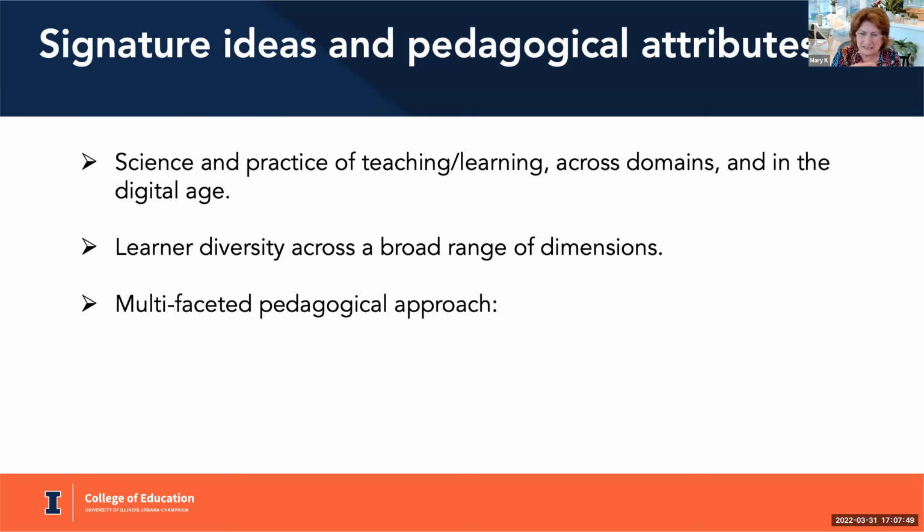The second one, which is equally important, is learner diversity across a broad range of dimensions, no matter who we're working with, whether it's adults or children, or in different areas that we are working in. People bring their interests, their identity, their anxieties, their aspirations.